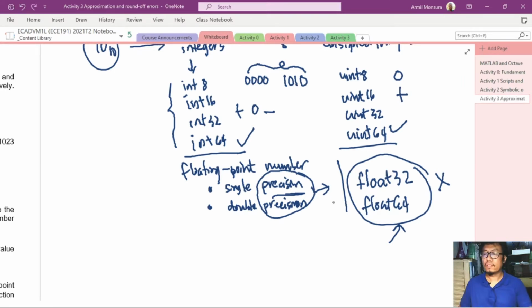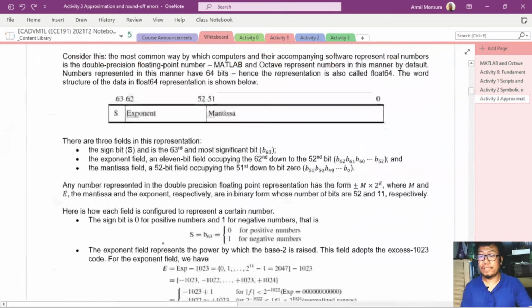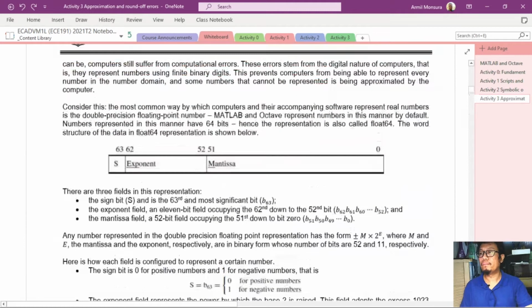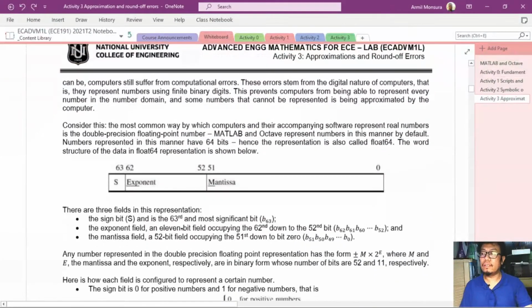Now, to be able to discuss where approximation happens, we first try to talk about how floating point numbers in decimal are represented using float 64.